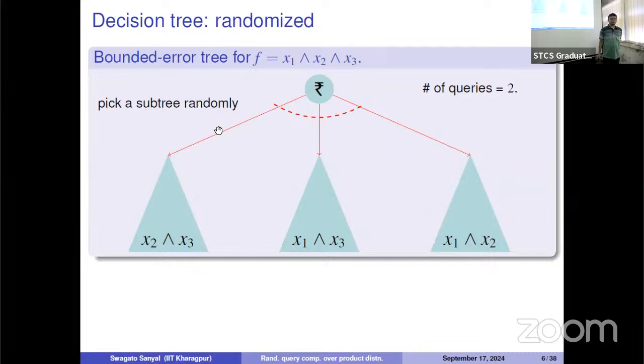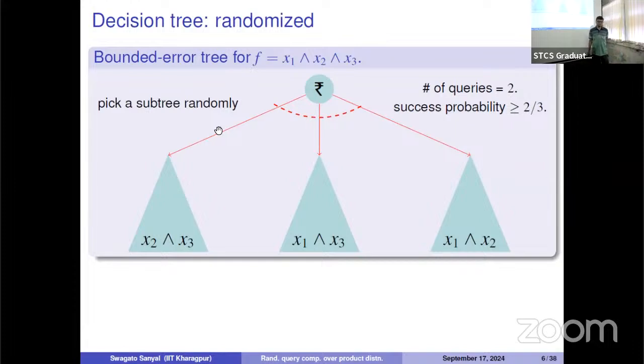No, but 2 does not suffice usually, if you query only x1, x2. So you'll tolerate some error, and you can verify that on every input bit string, this tree produces an erroneous output with probability at most 1/3. If the bit string is, for instance, all ones, you are correct with probability 1.